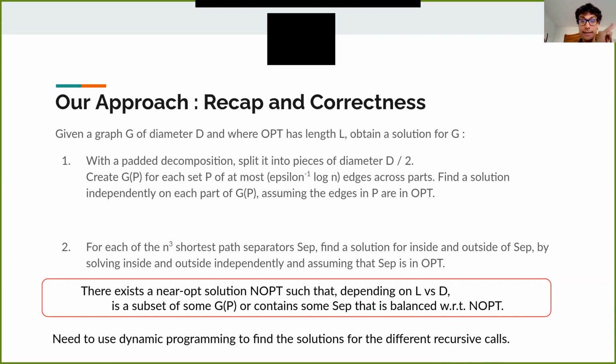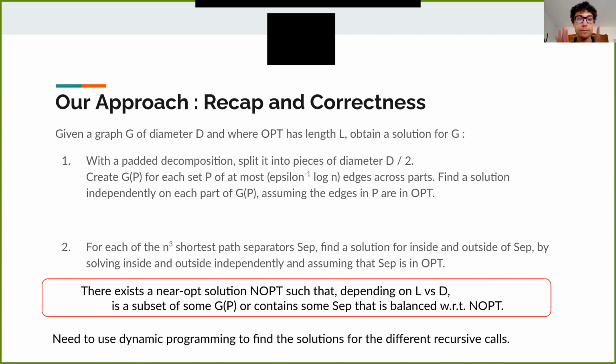So I can decompose. Or N-opt contains one of the balanced separators and it's balanced with respect to N-opt. So I can make progress by picking this separator.